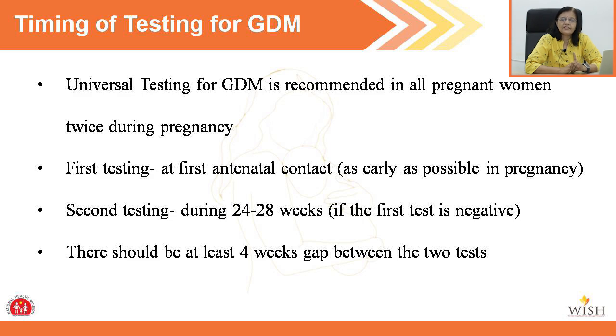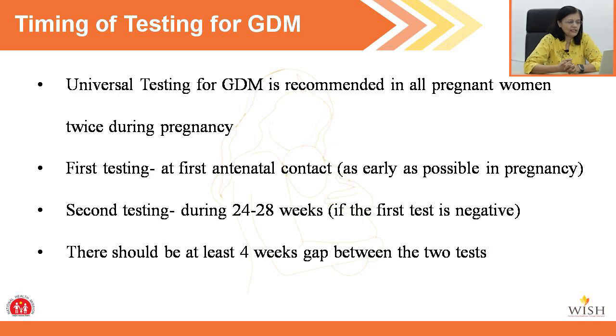If that test is normal, then it should be repeated at 24 to 28 weeks of pregnancy. But if the initial test is positive, then we have to start management immediately. As per diagnosis, gestational diabetes mellitus is labeled when the patient is positive between 24 to 28 weeks.